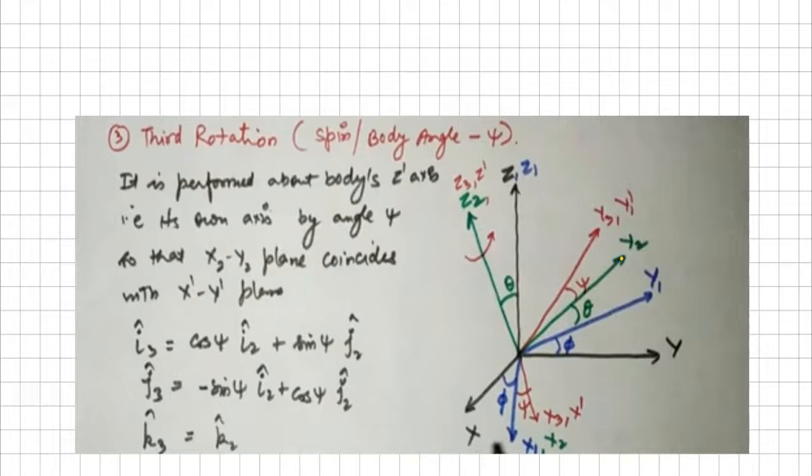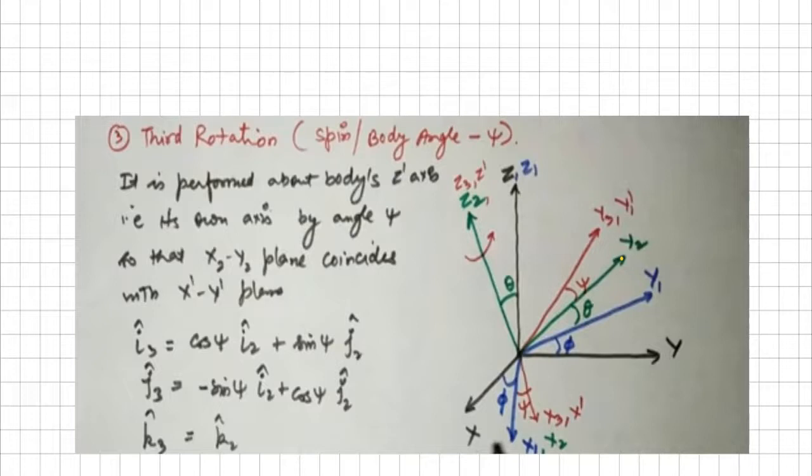After three rotations along different axes, we have transformed the x-axis, y-axis, z-axis to x dash, y dash, z dash, which was the body axis. And who helped us? The Euler angles helped us get there. The first Euler angle is phi, the second is theta, and the third is psi.